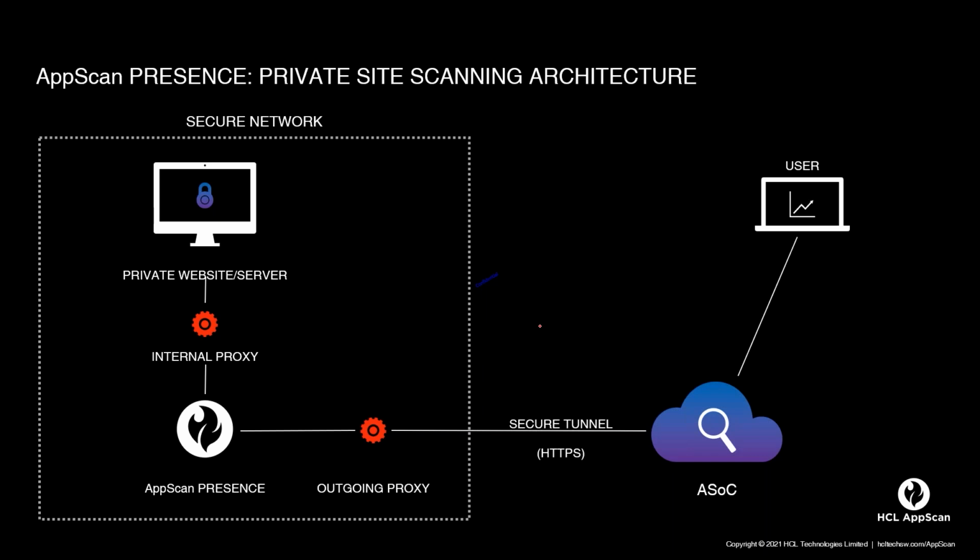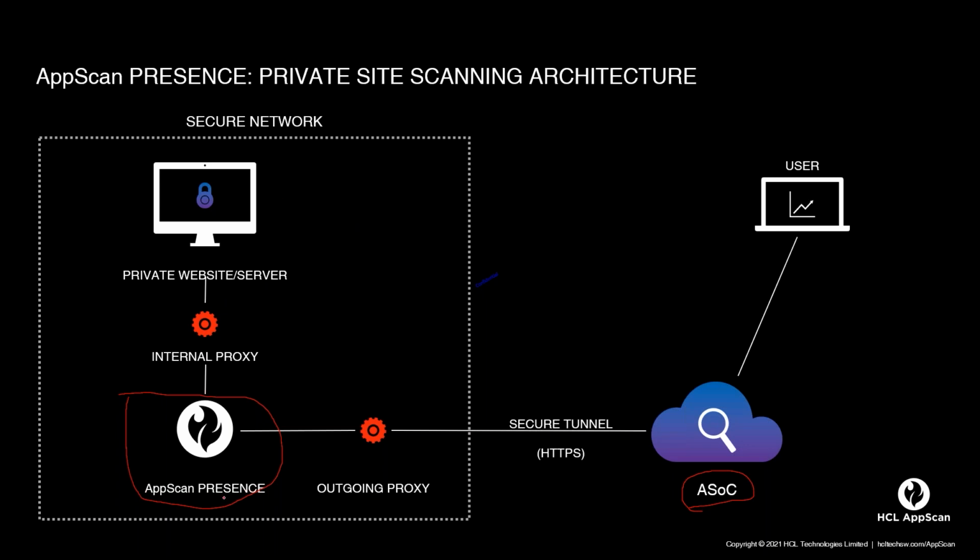So one thing many people would ask, when we talk about cloud, is how do you scan internal applications? With AppScan Cloud, you have the ability to deploy something called the AppScan Presence, okay, which is a lightweight application that resides within your internal network and bridges the communication between AppScan on Cloud and your internal site.